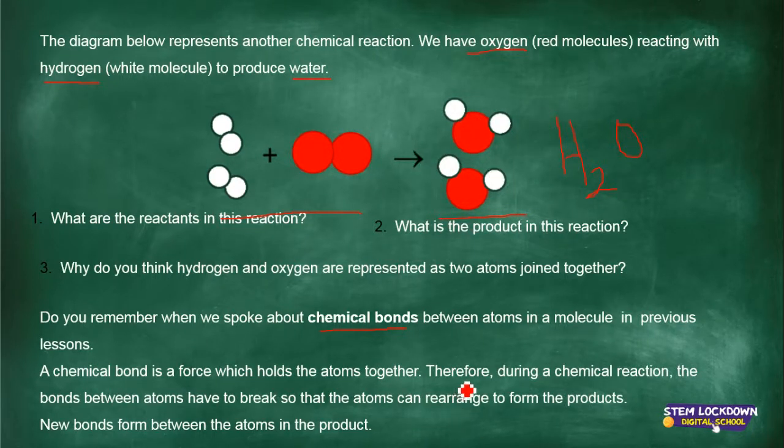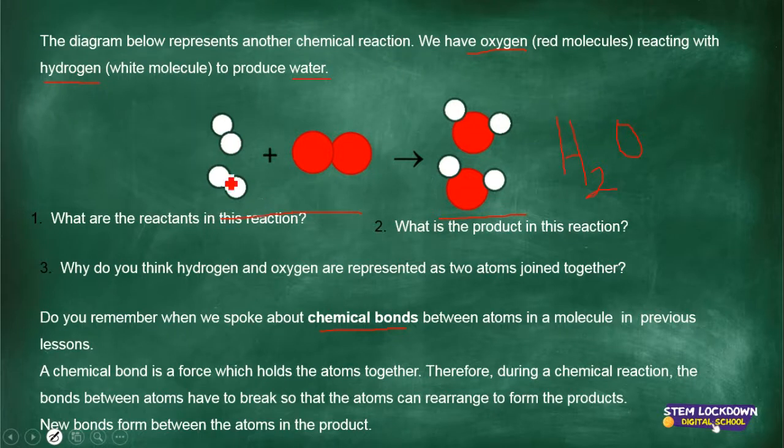Therefore, during a chemical reaction, the bonds between the atoms have to break so that the atoms can rearrange to form the products. So new bonds form between the atoms in the products.